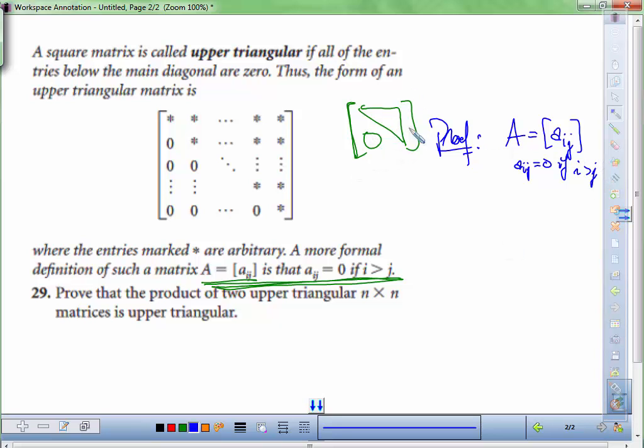So if the row it's in is larger than the column it's in, then it's going to be 0. And that's how you get these lower parts, right? And then let B equal Bij, where Bij is equal to 0 under the same condition, i bigger than j.